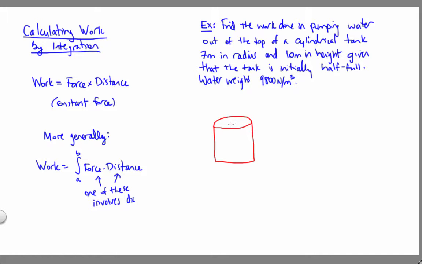We know that the radius of the tank is 7 meters, and we know that the height of the tank is 10 meters. We're also told that the tank is initially half full, so why don't we represent that in our sketch? Since the height of the tank is 10 meters, we know that the water initially has a height of 5 meters.